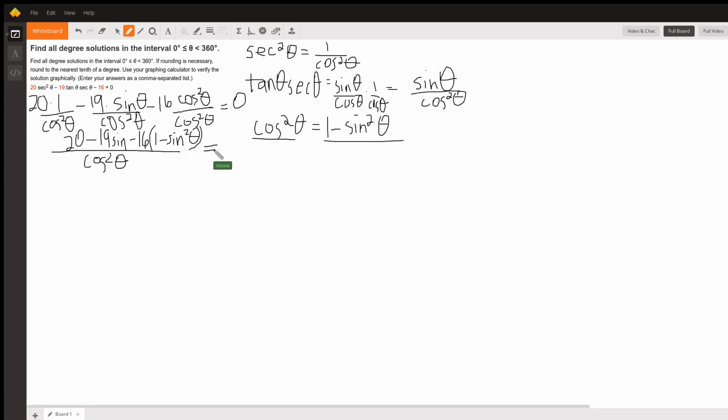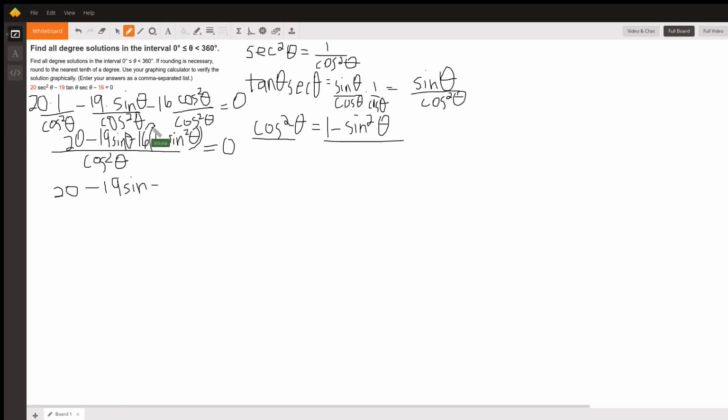Now, if I want this thing to equal 0, all I need to do is concentrate on the top equaling 0, because if the bottom equals 0, you have real problems because that's dividing by 0. That's where you get asymptotes and holes and all kinds of other problems. This should say sine theta.